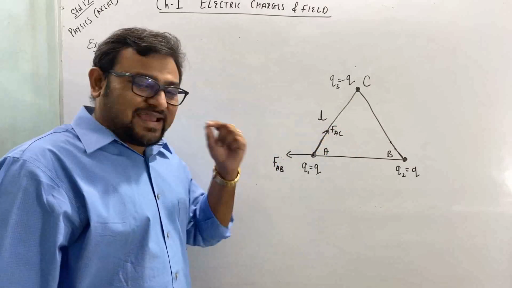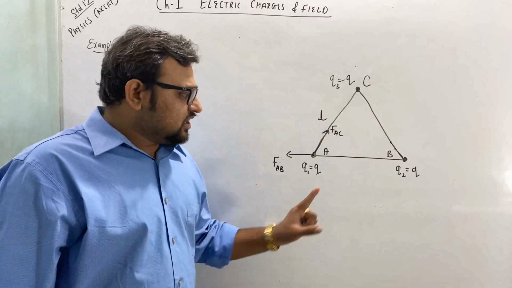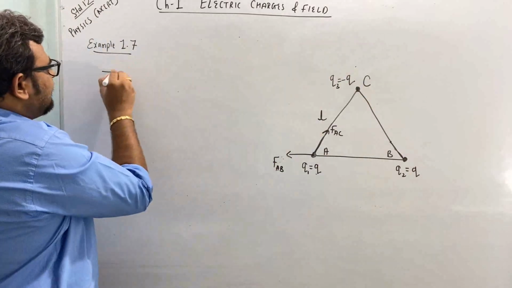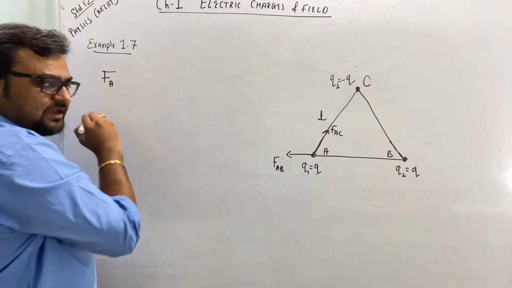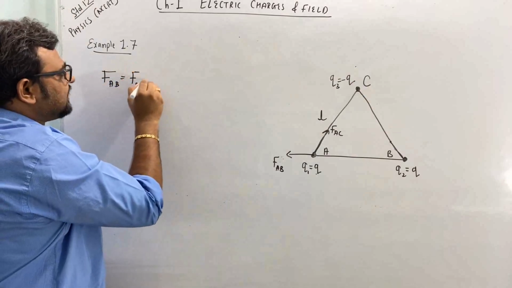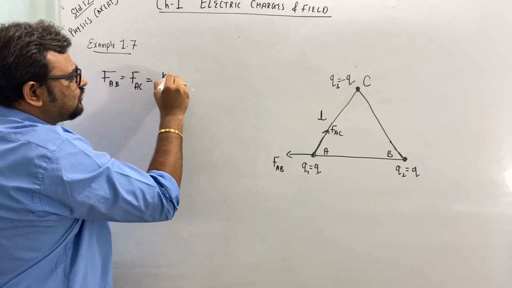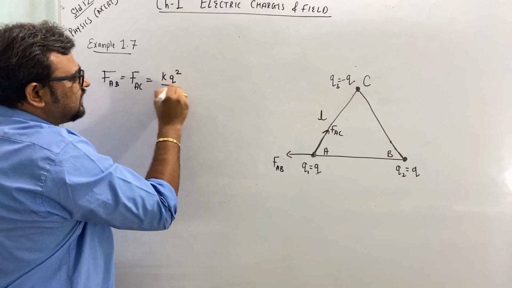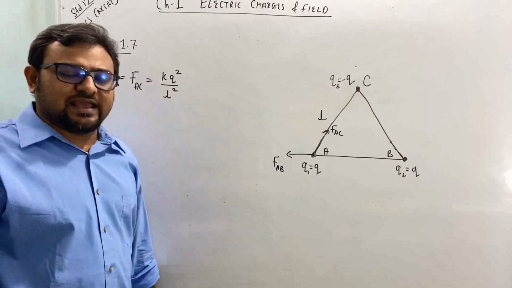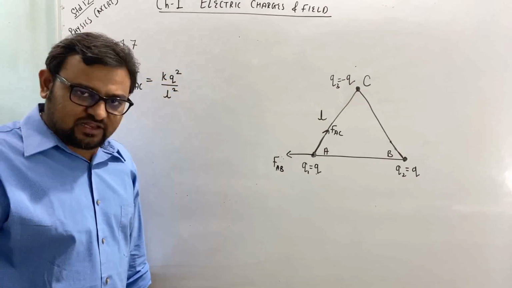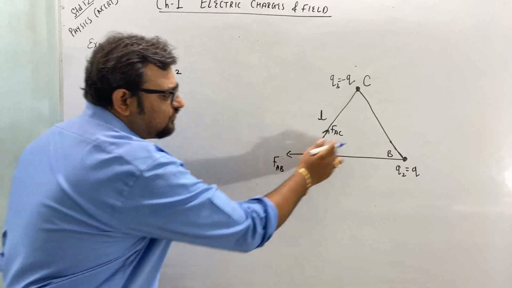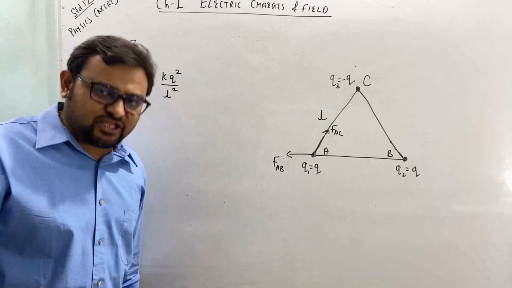Clear? Now see, magnitude wise, Q and Q. Right? So if I take the formula, force acting on A due to B will be equal to force acting on A due to C, and that will be equal to KQ square by R square. So here R is L, so L square. Clear? Okay, so the resultant force, now see, both the forces have the same magnitude.